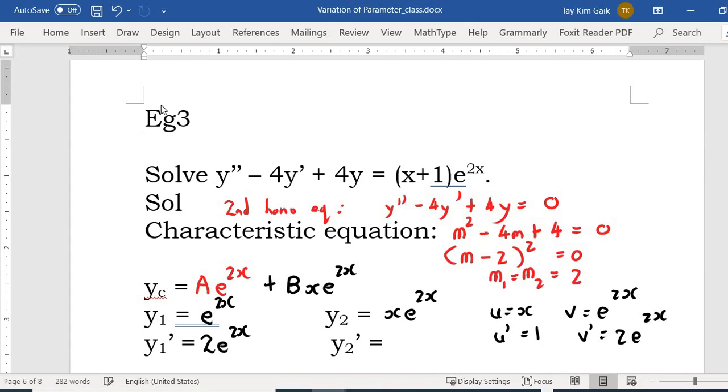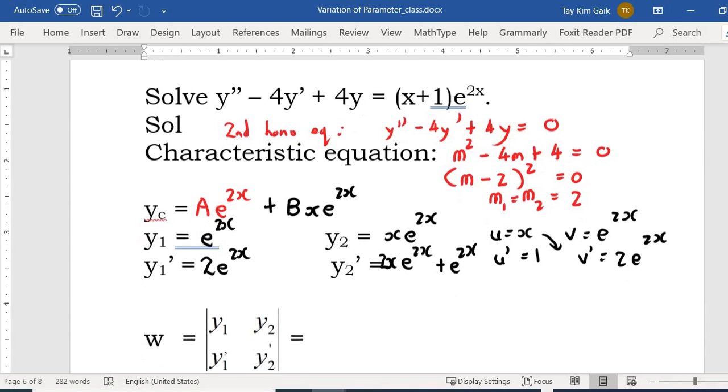That's why your y2 prime will be u v prime plus v u prime, which is 2x exponent 2x plus exponent 2x. We have u times v prime, so 2x exponent 2x, and then plus v u prime, plus exponent 2x.